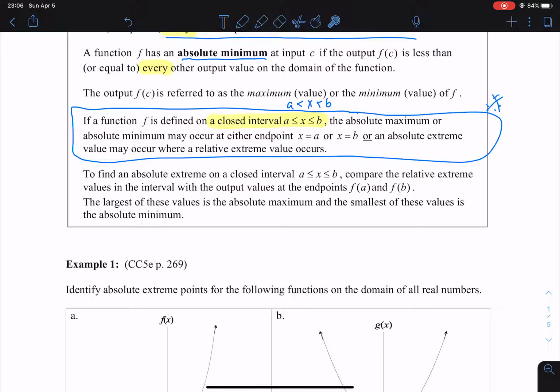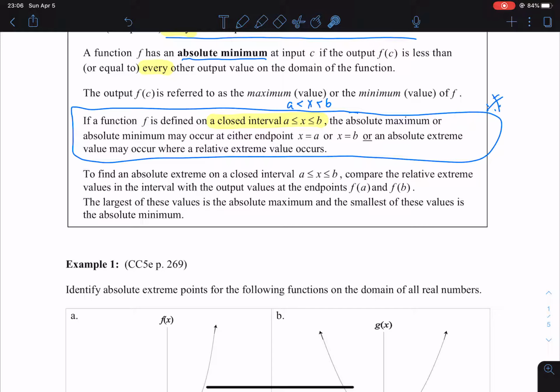So for a closed interval, compare the relative extreme values in the interval with the output values at the endpoints f of a and f of b. Actually, first, you find the relative extreme points. For example, now we are looking for the absolute maximum point.